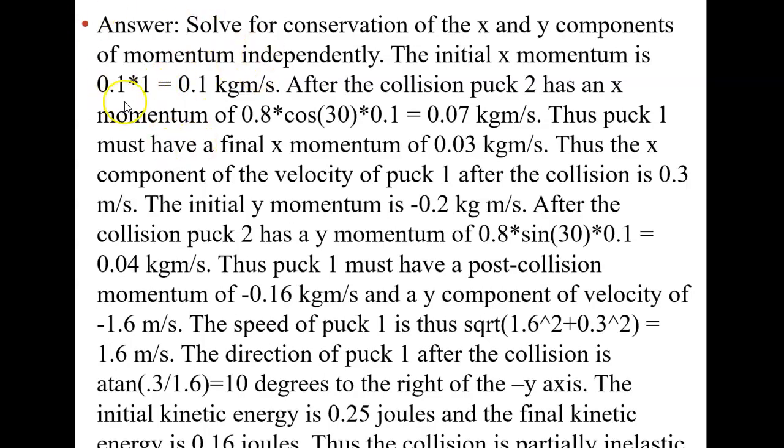So if the total x momentum was 0.1, and the second puck got 0.07 in the x direction, puck 1 only has 0.03 kilograms times meters per second of momentum in the x direction left.